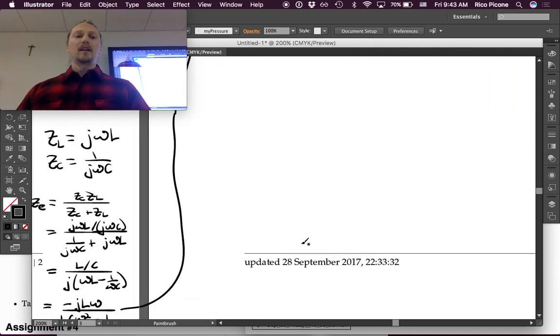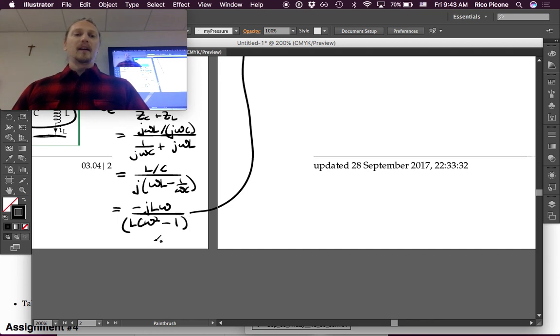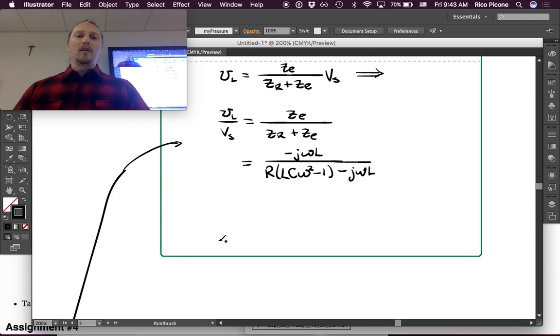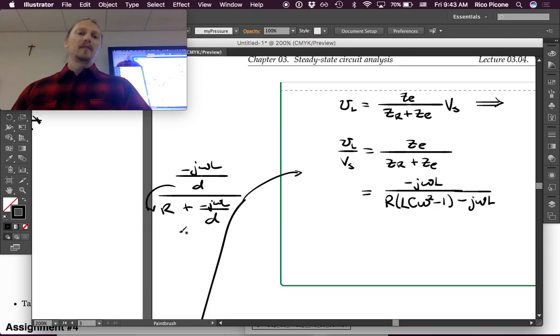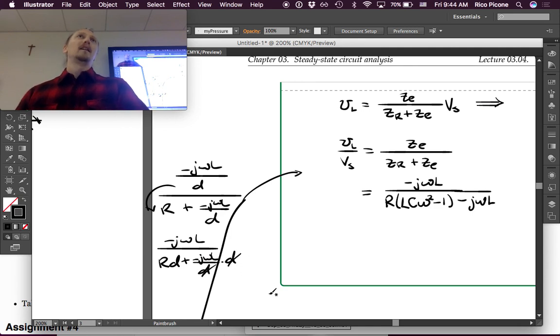So what we did is we took the denominator here, and I'm going to call that D for a second, and we put it into something so that it's like negative j omega L over D divided by R plus negative j omega L divided by D. So you break it down with the D. Drop the D down here so that I get R divided by R times D plus negative j omega L divided by D, and then you have to distribute the D again, and the D's cancel. So that's why I could get rid of that D, the denominator.